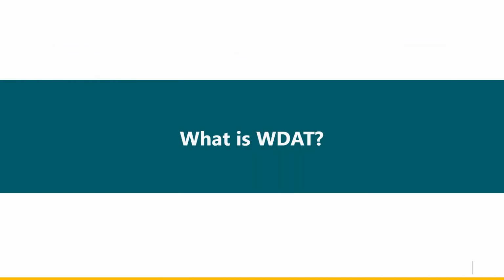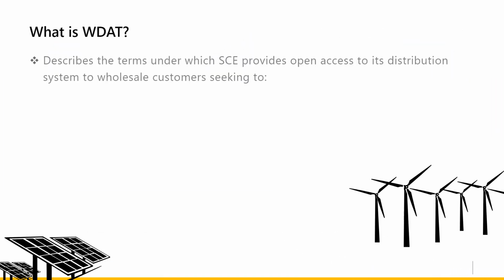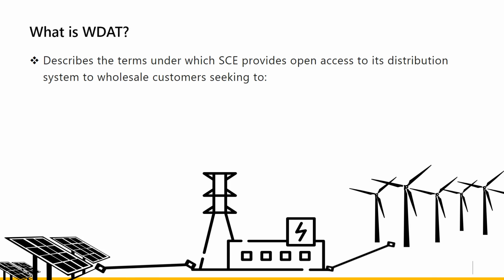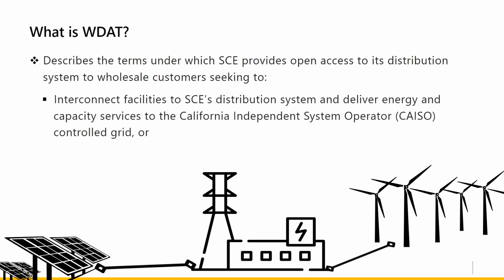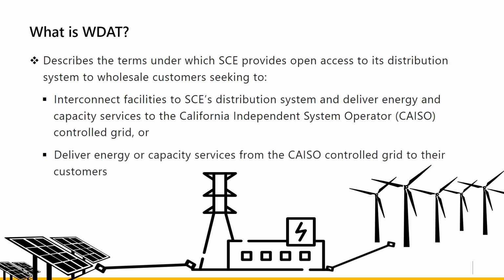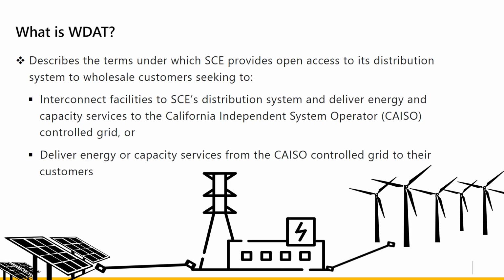What is WDAT? SCE's Wholesale Distribution Access Tariff, or WDAT, describes the terms under which SCE provides open access to its distribution system to wholesale customers seeking to interconnect generation facilities to SCE's distribution system and deliver energy and capacity services to the California Independent System Operator-controlled grid, or deliver energy or capacity services from the Cal-ISO-controlled grid to their customers.